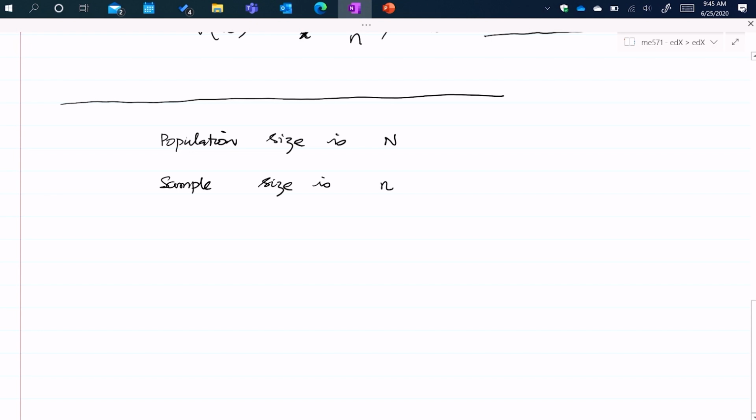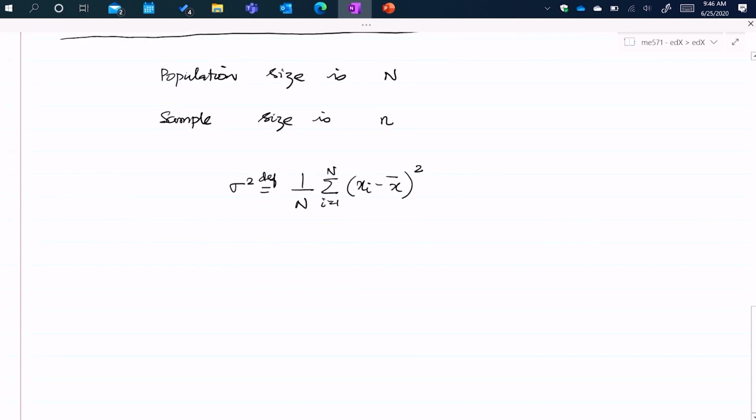So by definition, sigma squared is 1 over N, this is the definition, summation i going from 1 to capital N of xi minus mu, squared. And this is the population variance.